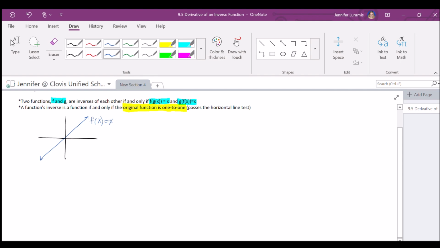And its inverse is also a function. This is a function because it passes the vertical line test. For any vertical line we draw, we only pass through the function once. And then our horizontal line test, if I do a horizontal line here, we only pass through the function one time as well. So that means f inverse will be a function.